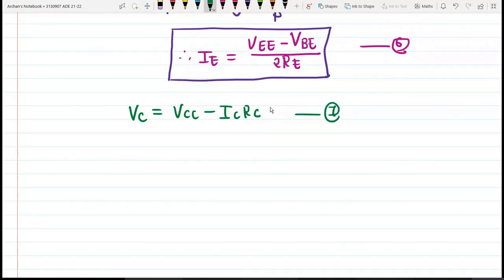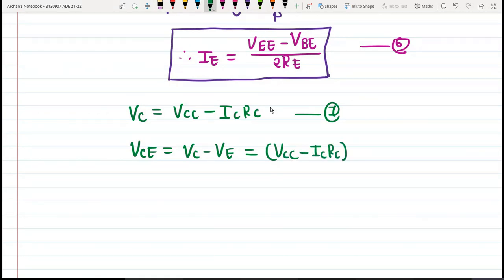Okay. So here what we will do, we will neglect the drop across RS. We can say that the voltage at the emitter of Q1 is approximately equal to negative VBE. Hence, the collector to emitter voltage VCE is equal to VC minus VE. Okay, VC is VCC minus ICRC and VE is approximately equal to minus VBE.